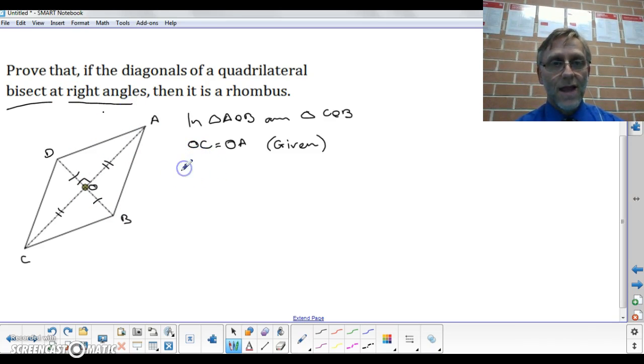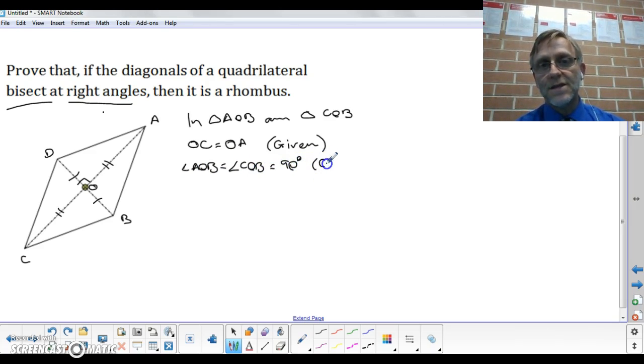So I'm going to say that angle AOB is equal to angle COB. And I know that they're both 90 degrees because it's given in the question. Side angle side. Side BO is common.